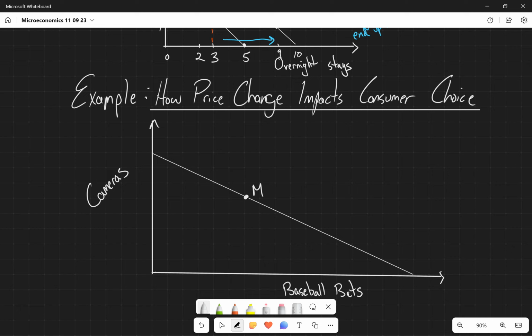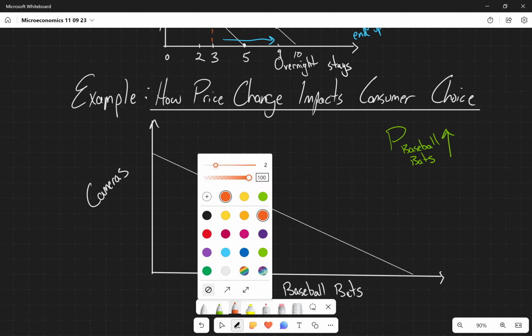So if we have this two good world where you're either buying cameras or baseball bats, and if we're told that the price of baseball bats has increased, then intuitively we know that we can buy fewer baseball bats, right?